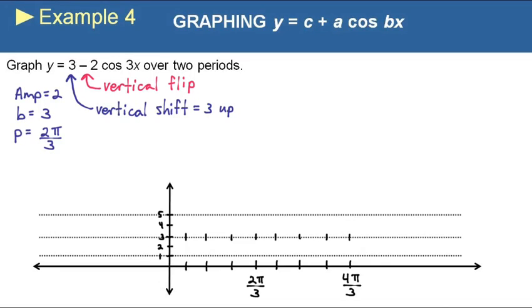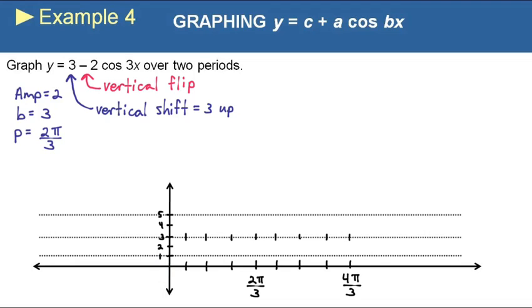We are now ready to put dots down, and so let's think about our basic shape. This basic shape is cosine, which is normally high, middle, low, middle, high, but this one's been flipped over, so that's going to make it low, middle, high, middle, low. So with no phase shift, I start on the y-axis at the lowest point, so that's going to be here.